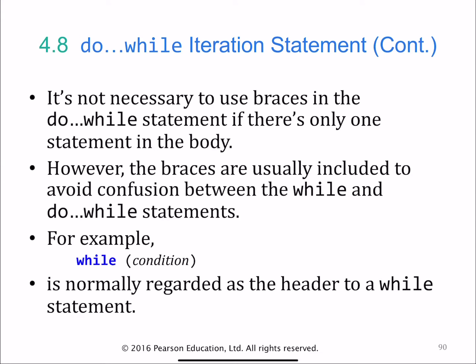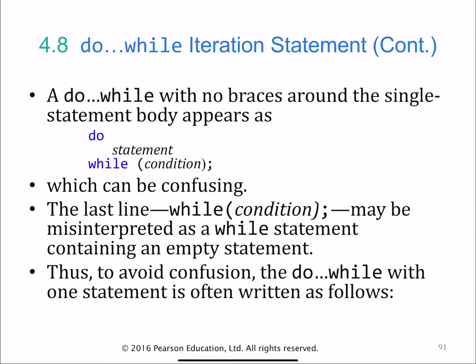So a while loop begins like this, but a do while loop uses this particular structure. Now you can see that a do while loop uses two keywords over here, do and while.